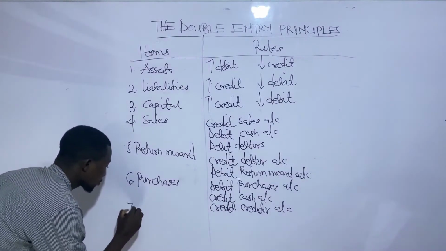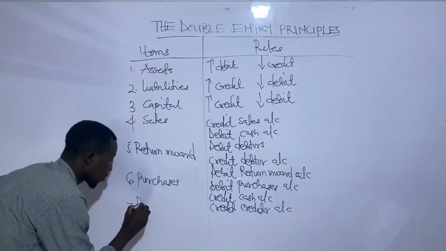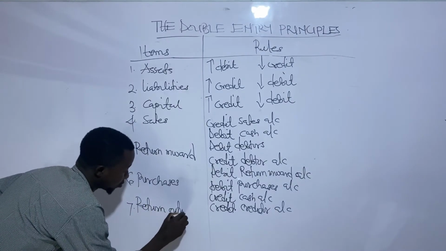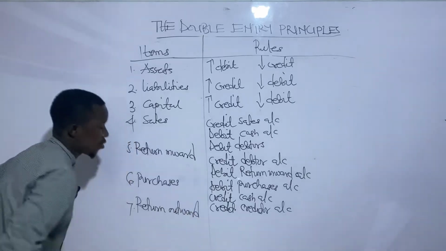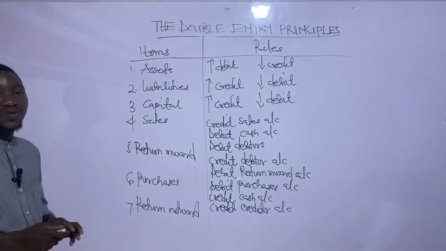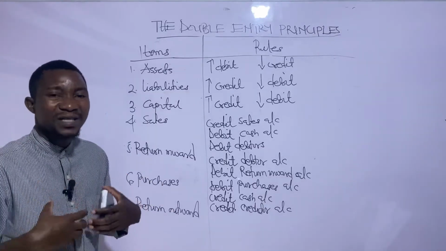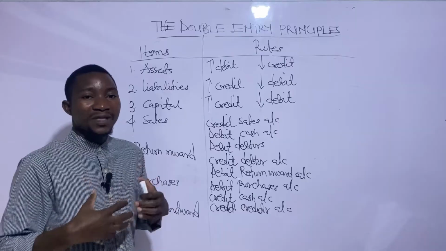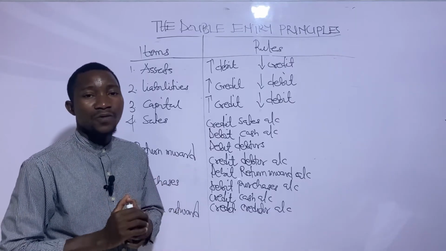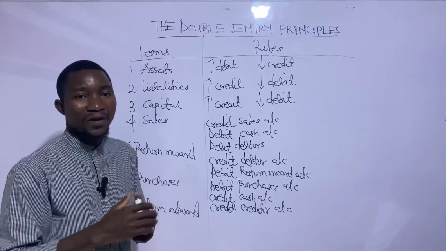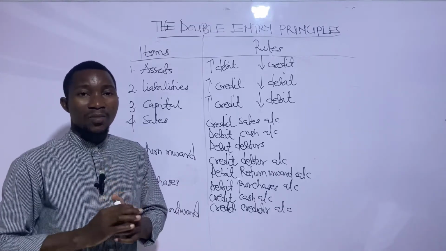We could have what we call return outwards. A return outwards is a situation where a business makes purchases from the supplier and the business realizes that part of the goods is not good for their use. So they will decide to return part of the goods to the supplier.